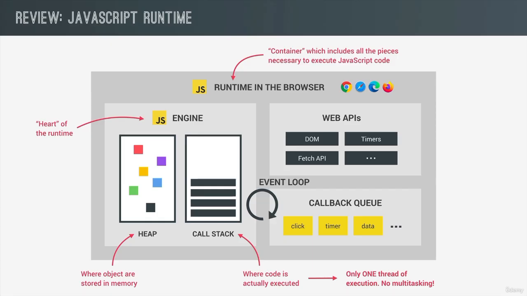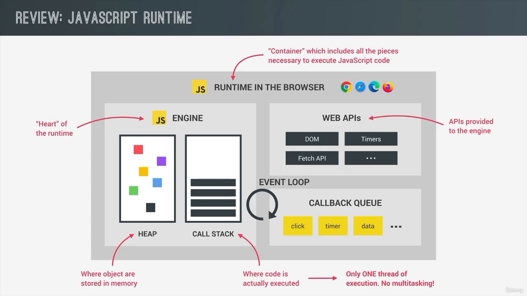But anyway, next we have the Web APIs environment. These are some APIs provided to the engine, but which are actually not part of the JavaScript language itself. So that's things like the DOM, timers, the fetch API, the geolocation API, and so on and so forth.